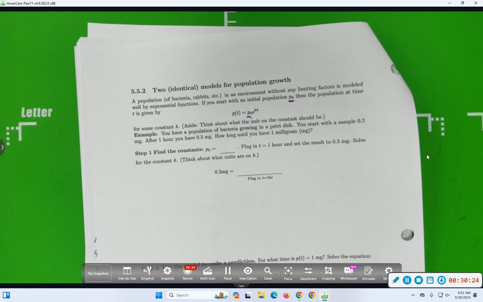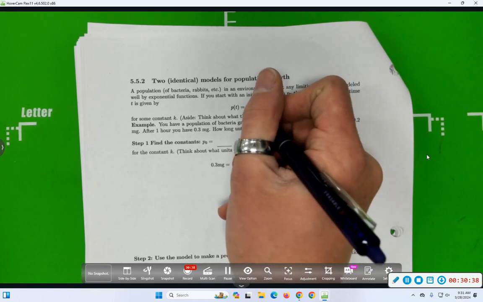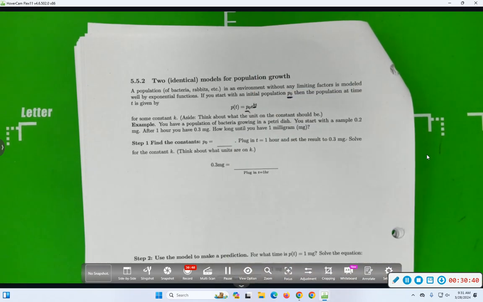Euler's number for the base will be the objectively right choice to make once you start doing calculus, because everything will be harder if you don't. During this class, it'll be more of a marginal case whether this is the best base to use. Times Euler's number raised to kt for some constant k. You should think of that k as some constant that says something about how rapidly parents produce offspring.